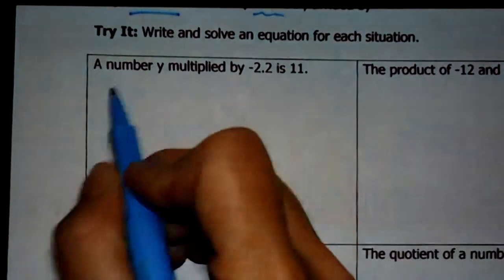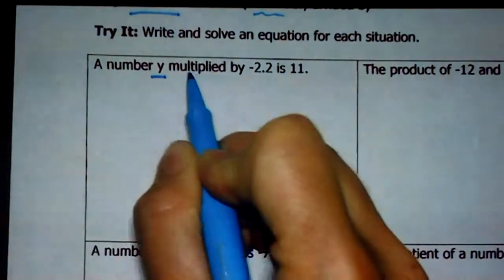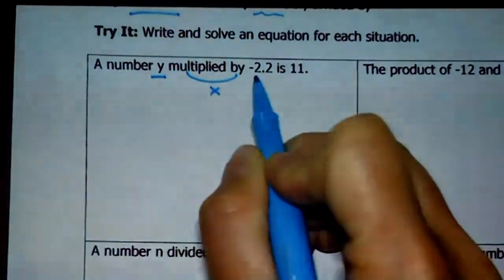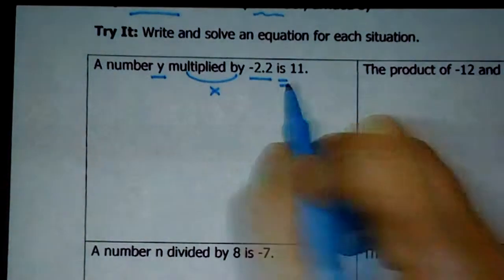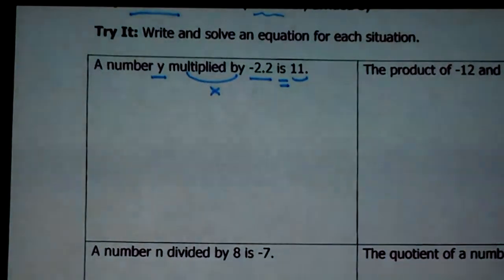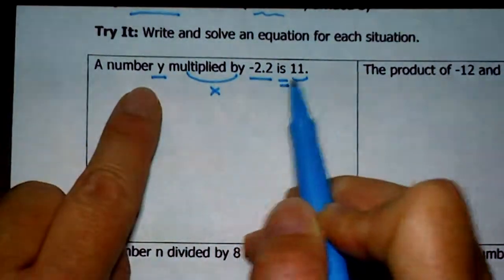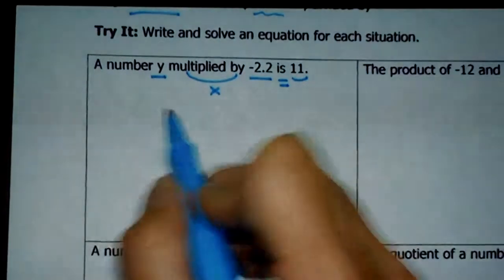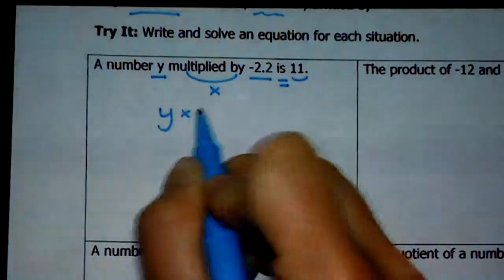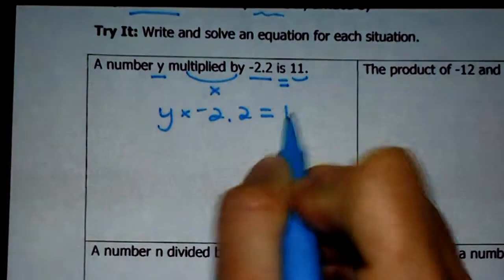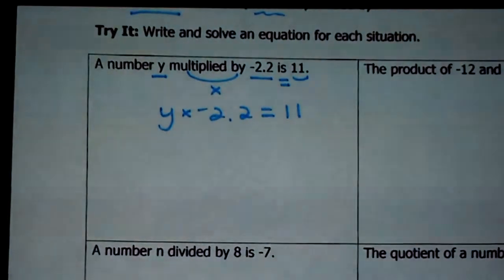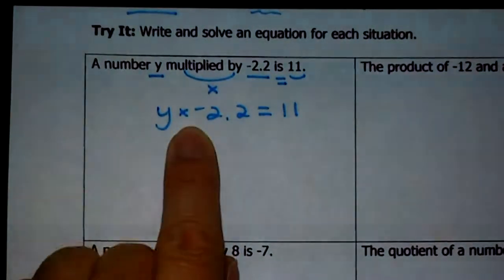All right, so step one, write the equation. Let's do it. It says a number y multiplied by negative 2.2 is 11. Whenever you see that word is, it means equals. So y multiplied by negative 2.2 is 11. Now, I know a lot of you want to do this. When you see multiplication equations, you don't normally see them written like that, do you?